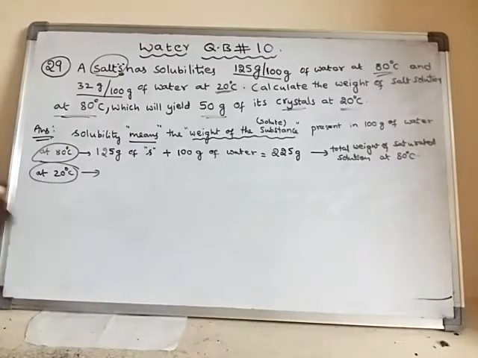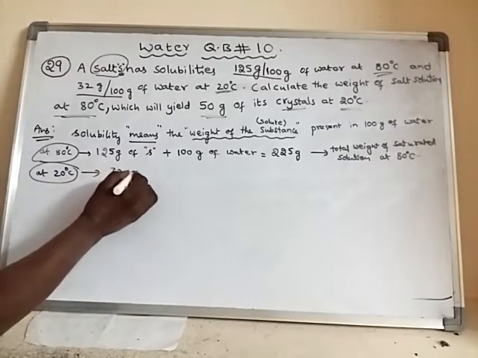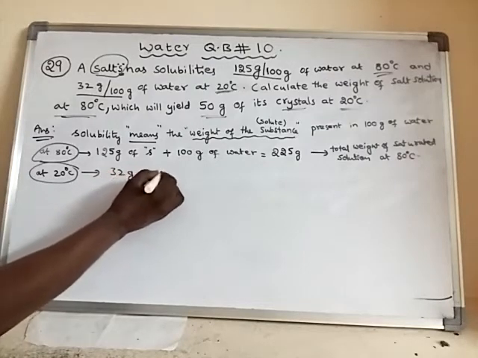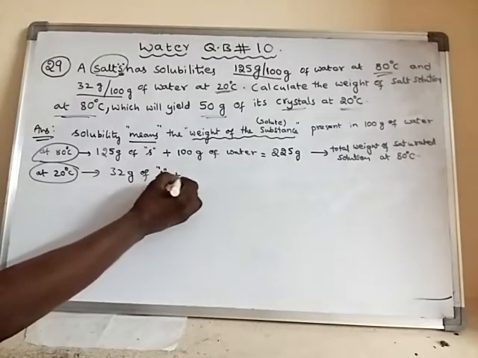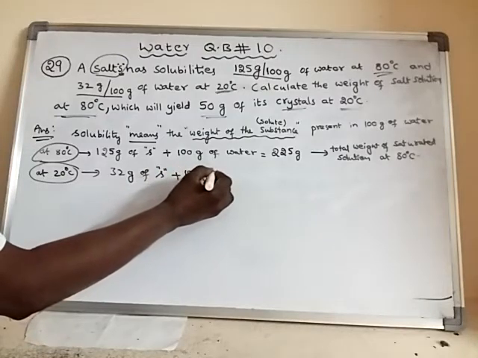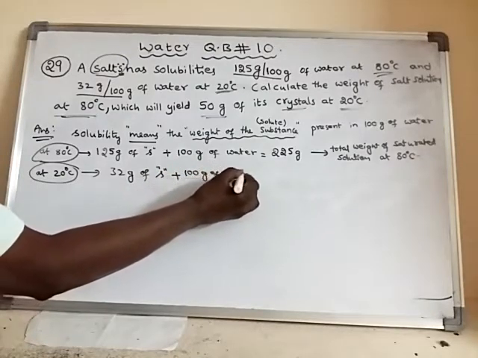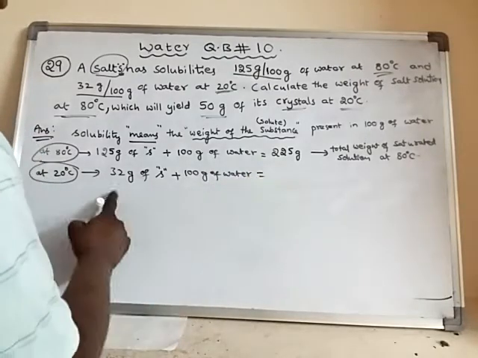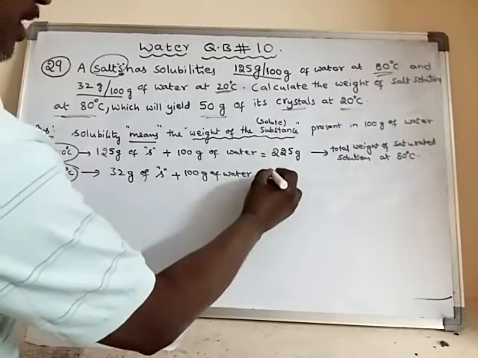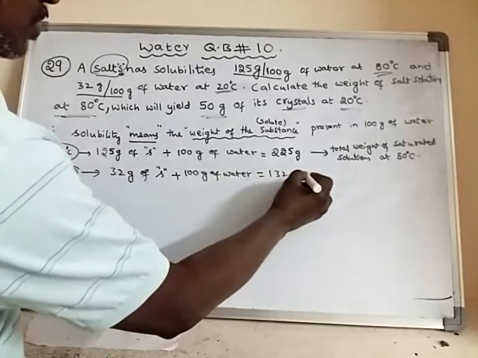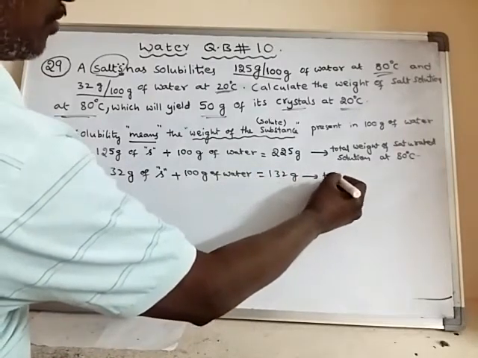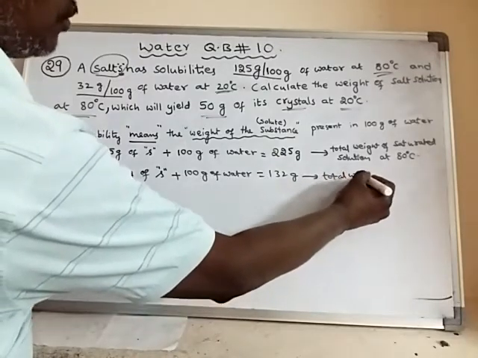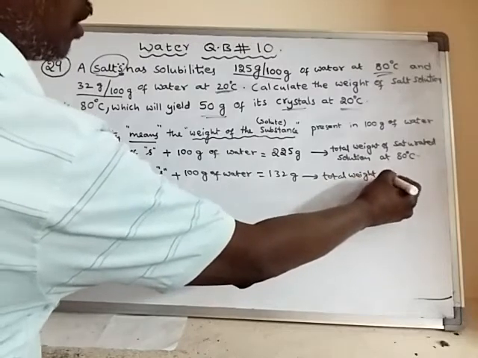That means at 20 degrees centigrade, only 32 grams of salt S plus 100 grams of water are present in the solution. The total weight of the solution will be 132 grams, which is the total weight of the saturated solution at 20 degrees centigrade.